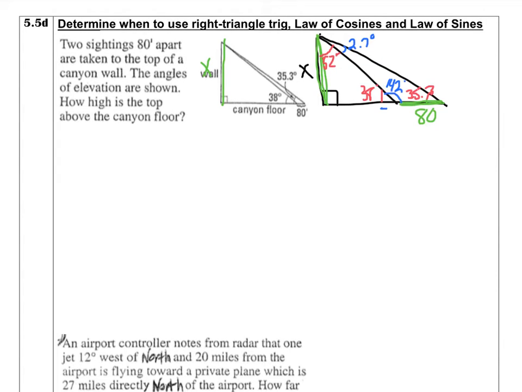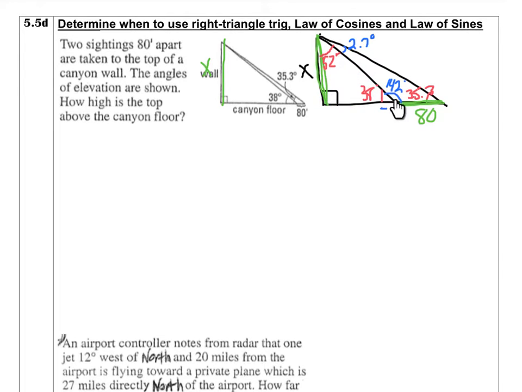So now there's a variety of ways you can do this. This is actually a two-step problem. What I recommend is doing law of cosines first and then wrapping up with either law of sines or SOH CAH TOA. Our ultimate goal is to use either this little right triangle or this big right triangle, either one of them. So if we use this little right triangle, I need to find this side length.